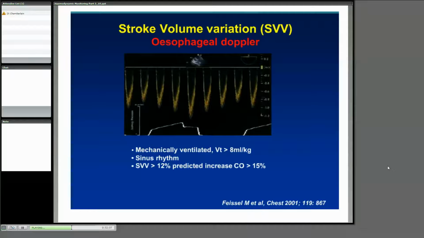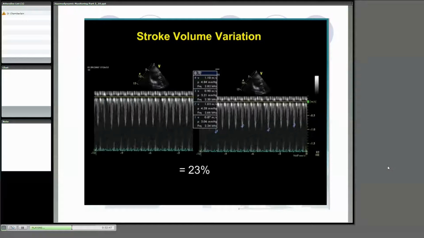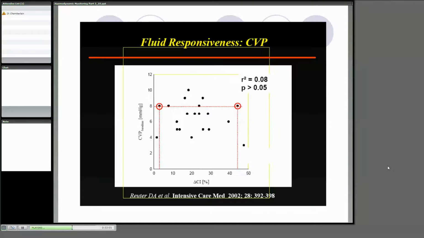This is the stroke volume, it's just upside down to what the arterial waveform is. And you can do this through an echo as well. This patient here has a swing of 23%. They're actually very dry.